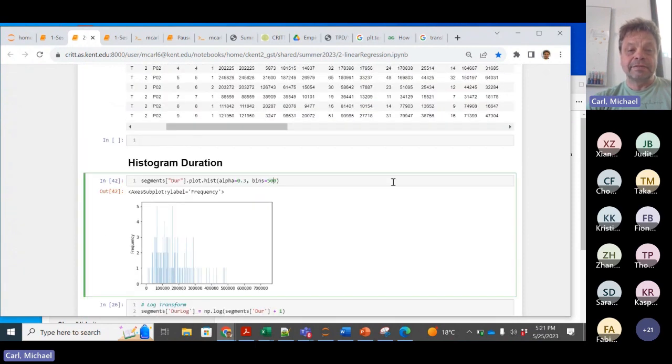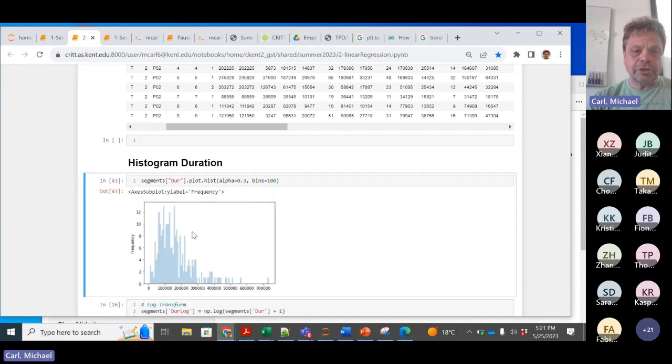It doesn't make sense to have more bins than data points, right? So if we have 100, then we have maybe on average something like 2 data points in each bin. Of course, it will be different because they are not all equally distributed here. But I guess with 50 bins, we get quite a good impression of the distribution of the data.